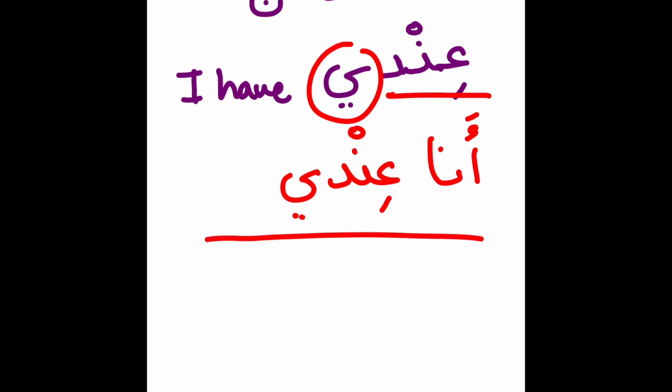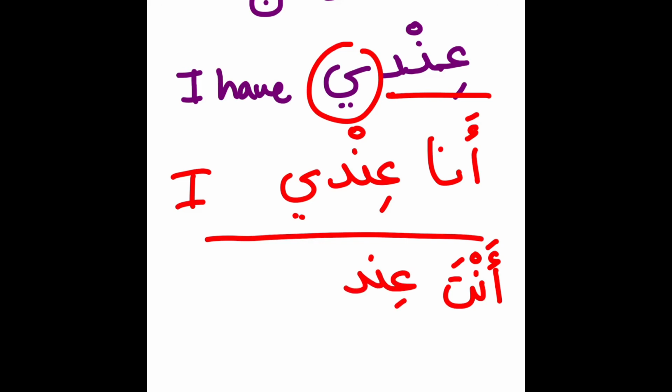Now, عندي, this is for I. If I want to say you, for أنت, we're going to take the same word, عند, and what do we add to the end when we make something yours? Good.